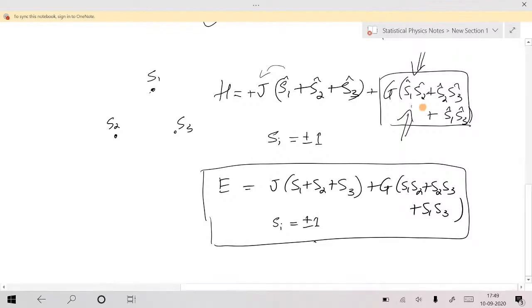Yes, sir. Again, that's quite difficult to understand. Let me try to give some more idea about this part, this spin-spin interaction. Somebody posted a question asking for some more idea about this Ising model, or about spin-spin interaction in the Ising model.